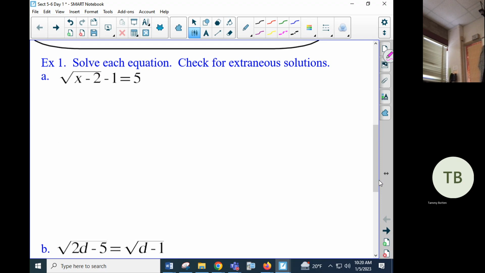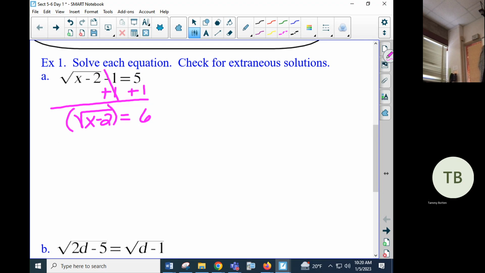So we have that square root, and we want to keep that square root by itself on one side. So I have to get rid of this -1. So I add 1 to both sides. This goes away. And then I have the square root of x minus 2 equals 5 plus 1, which is 6. Okay. Then, to get rid of a square root, you square both sides.